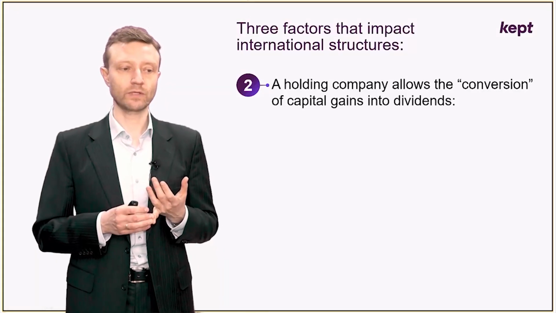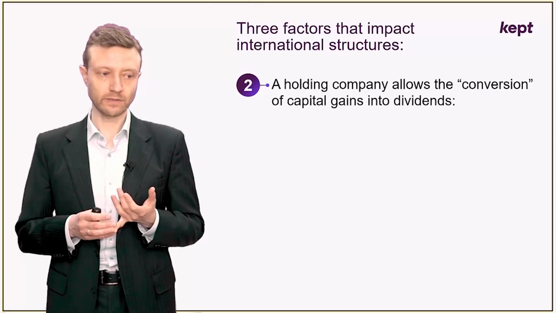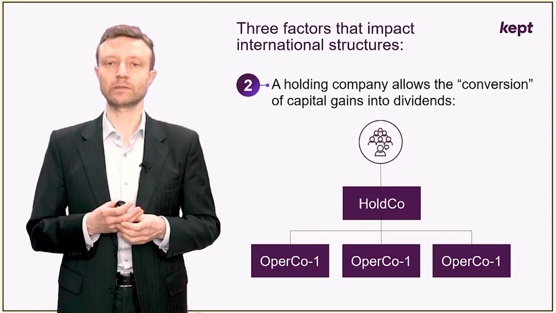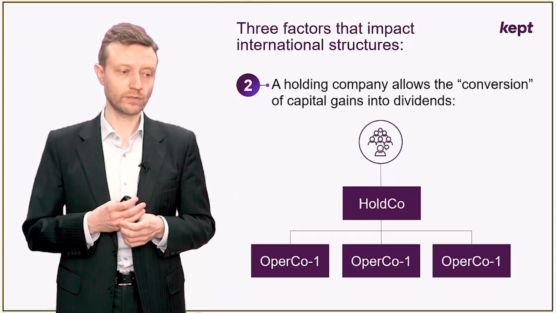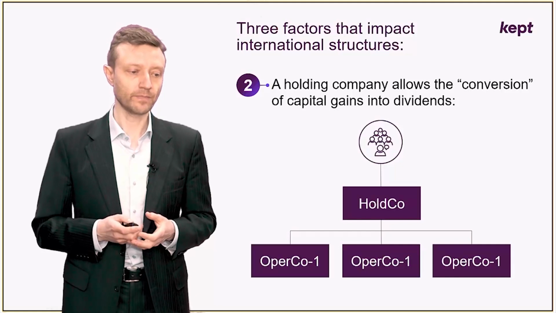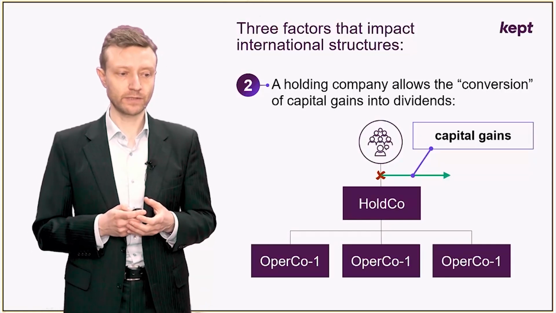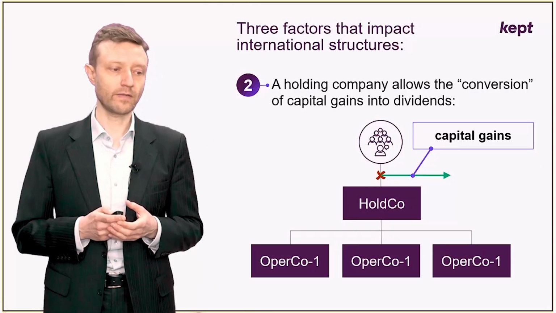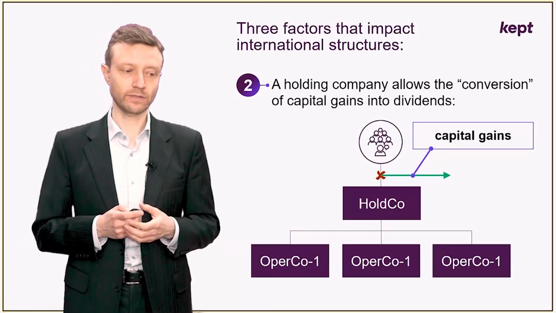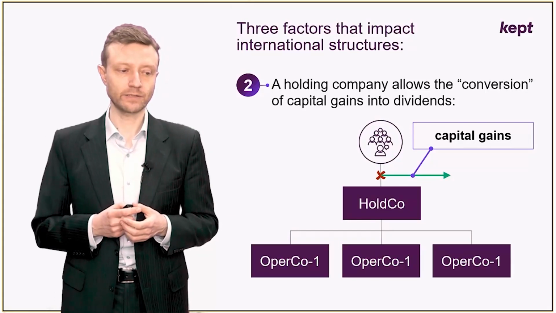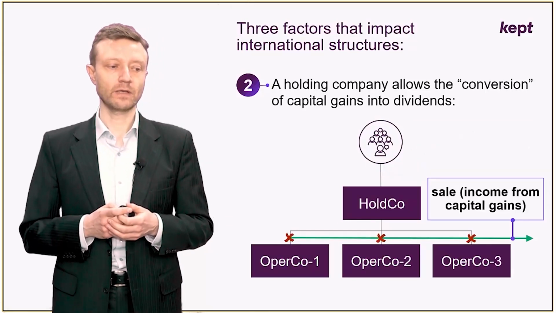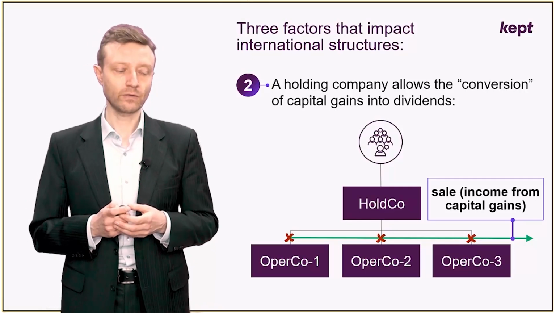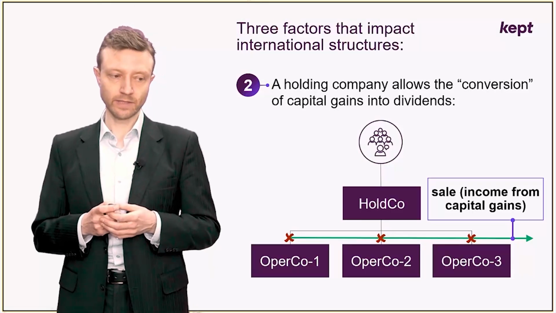It is possible to convert capital gains into dividends in some cases, and for that reason, holding companies can be used, as we will show in this example. So, if shareholders decided to exit from the business, then they can sell their shares in the holding company. But instead, if the operating companies are disposed of, then the holding company receives capital gains.